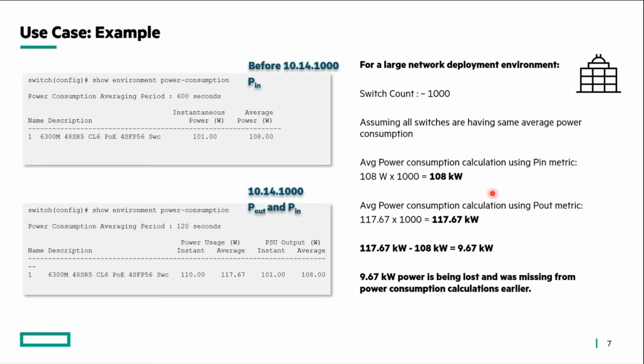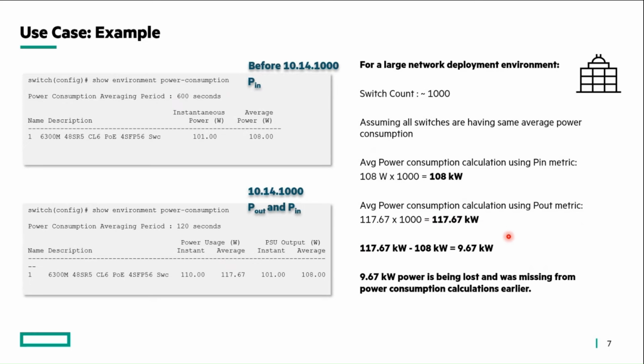Now let's jump to 10.14.000. Here you have another metric, that's the power usage. Here the average power usage value is 117. Once again, you do the similar thing and calculate the total power consumption for your deployment, which comes out to be 117.67 kilowatt.